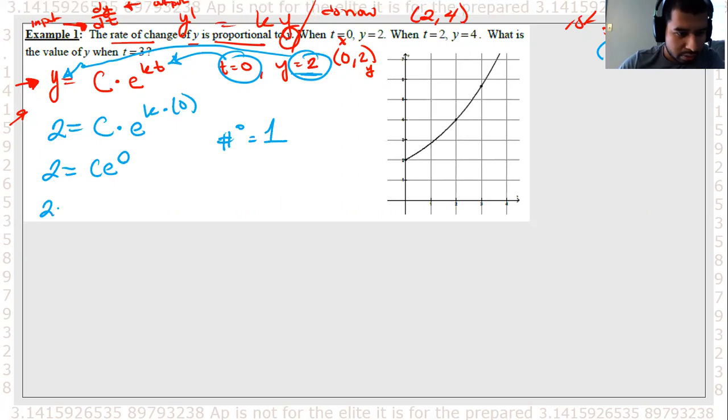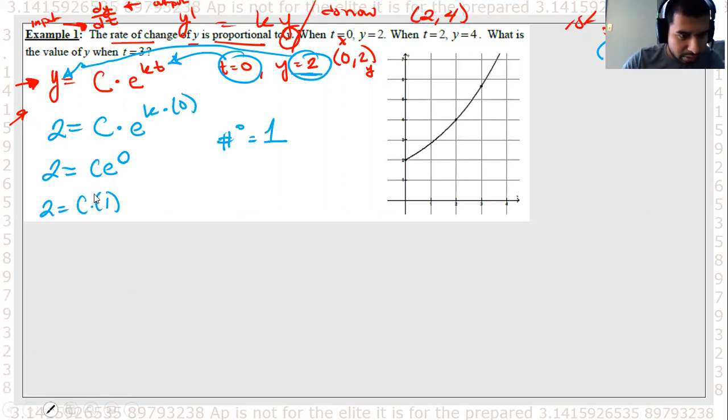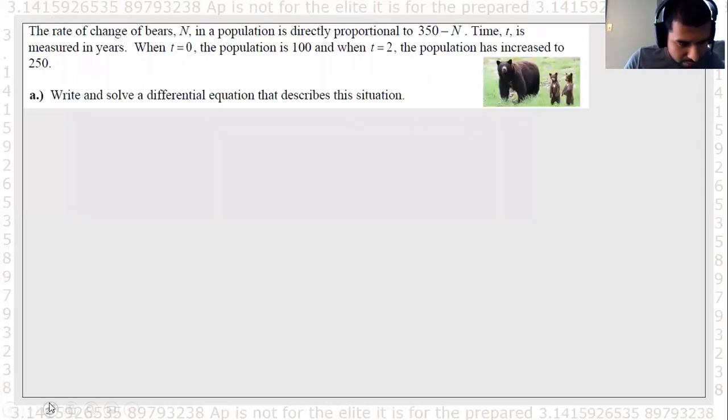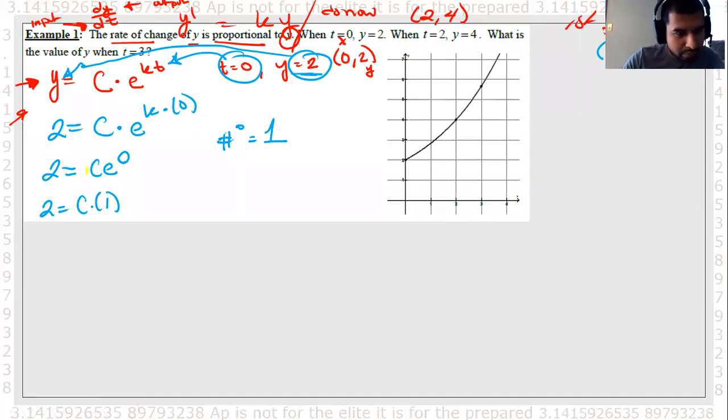So I got 2 equals C times 1. So therefore, C is equal to 2. C is equal to 2.